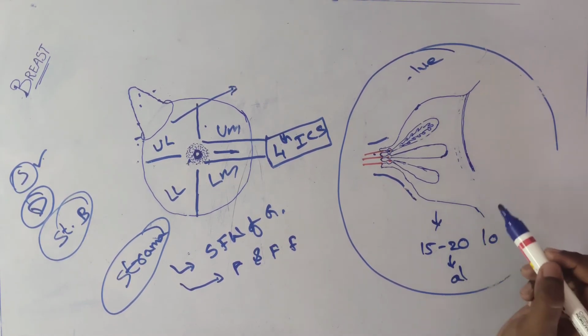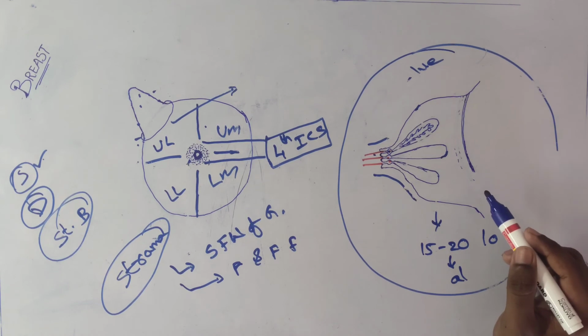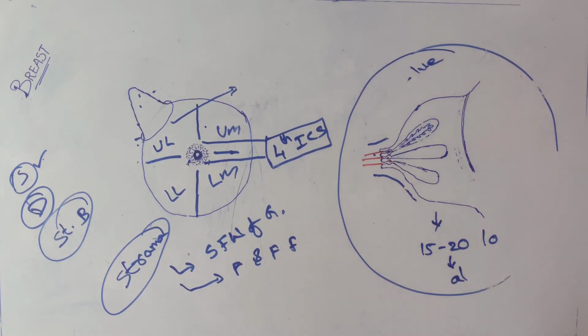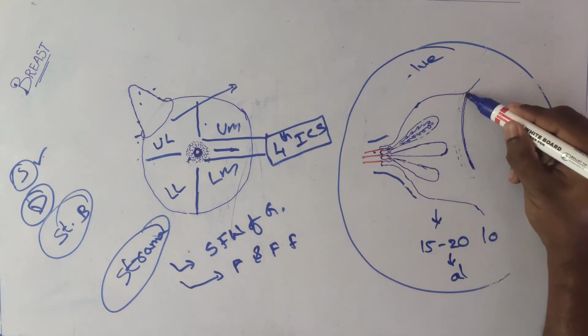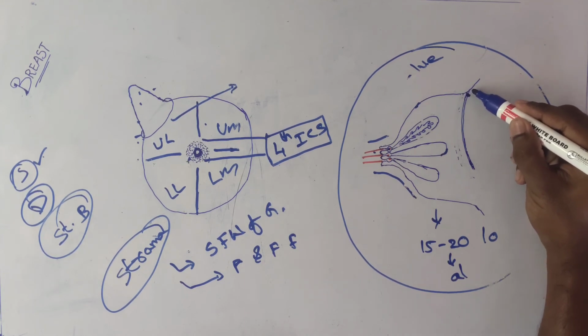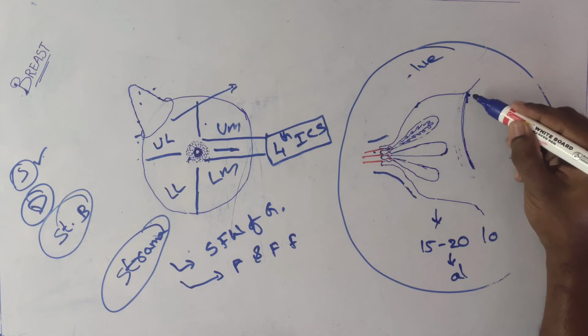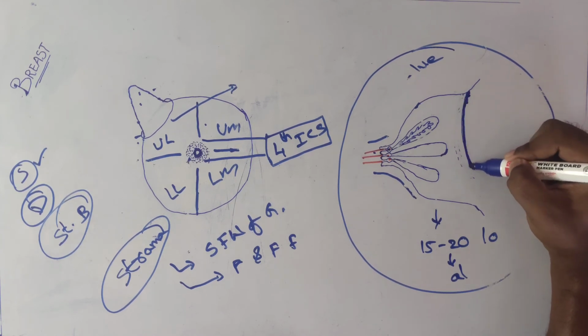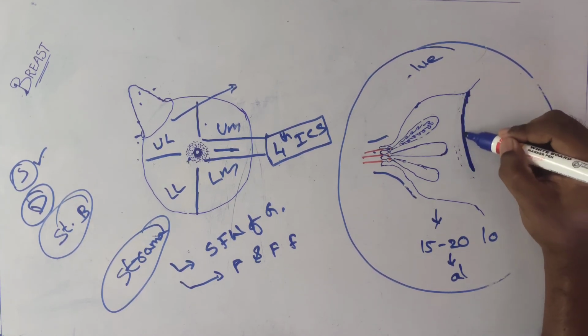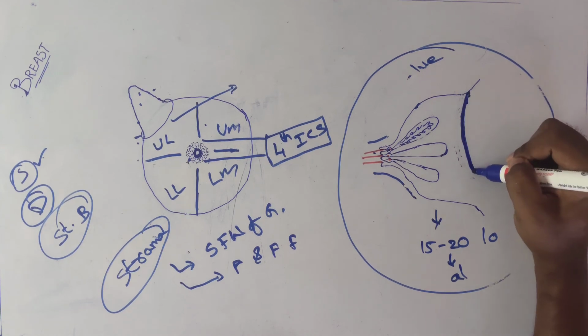Okay, this stroma is partly fibrous and partly fatty, and the fibrous stroma forms septa known as the suspensory ligaments of Cooper. Here, this part is called pectoral fascia. I already told this darkened area is called pectoral fascia.